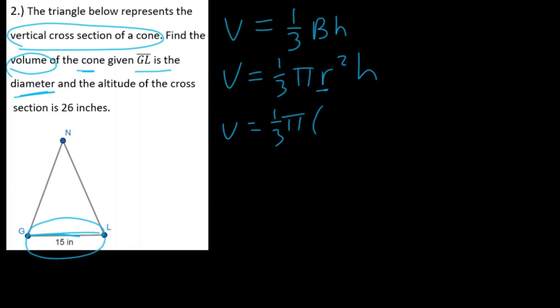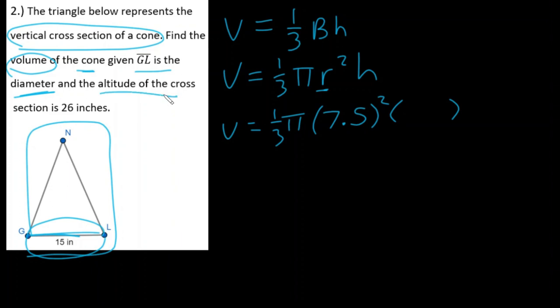That's going to be 7.5 squared times. Now when you look at this photo, we actually don't see the height. However, it says the altitude of the cross section is 26 inches. Remember, the word altitude is synonymous for the height. So we have a height of 26. All you have to do is multiply everything together and you'll have your answer.